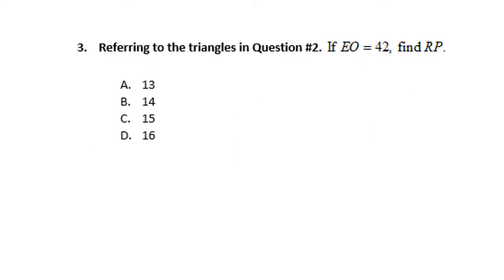Question 3. Referring to the triangles in question number 2, if EO equals 42, find RP. A is 13, B is 14, C is 15, D is 16.